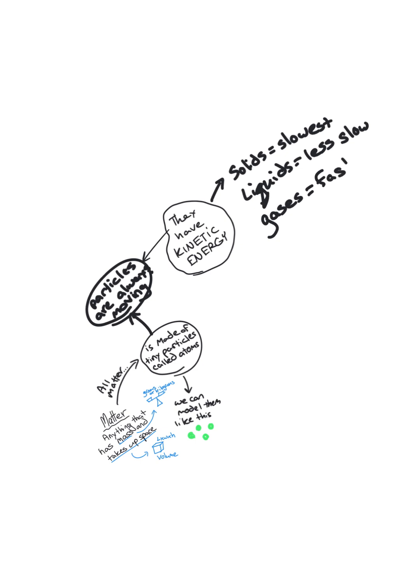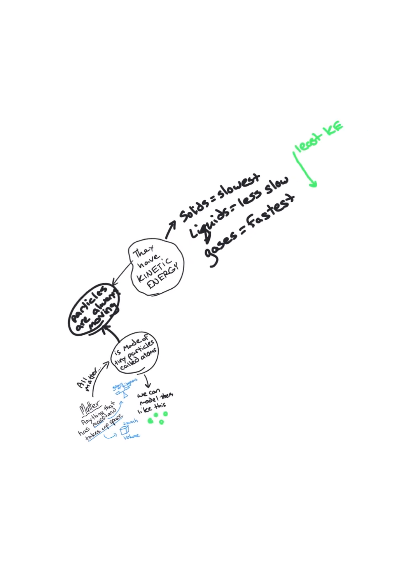So this just means that the particles in solids have the least amount of kinetic energy, and the particles in gases have the most kinetic energy. I'm going to just represent kinetic energy with KE.